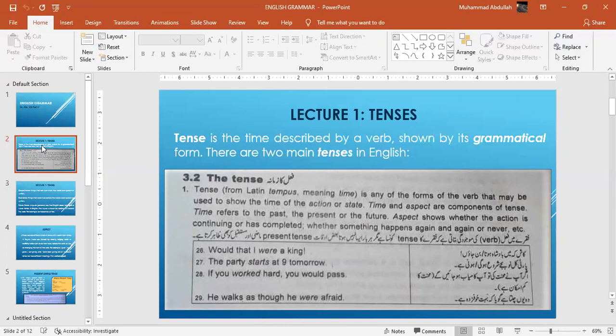So in the light of this definition, we can deduce a few simple ideas about tense. First of all, the tense shows time of action, right? If we take time, all of us know that time has three universal divisions: present, past, and future.